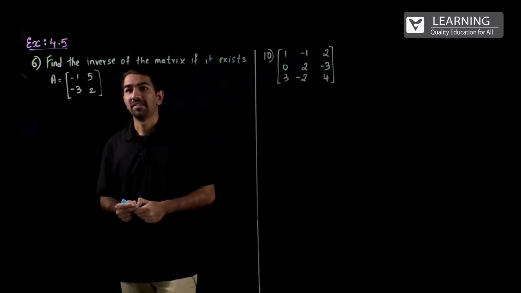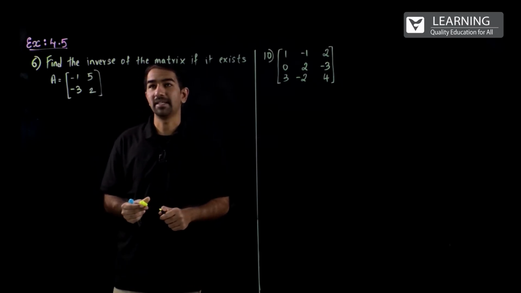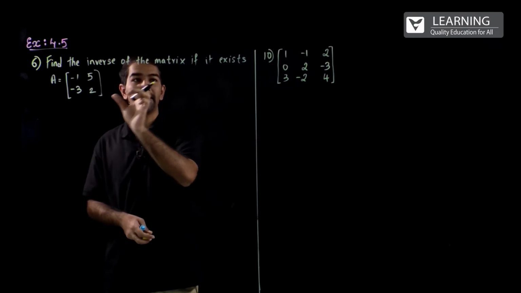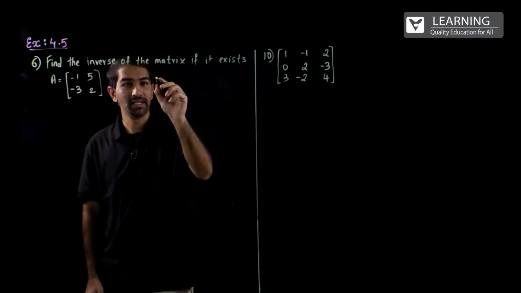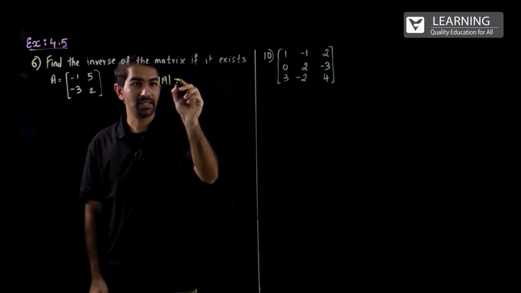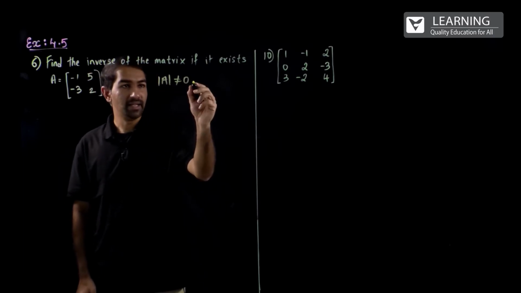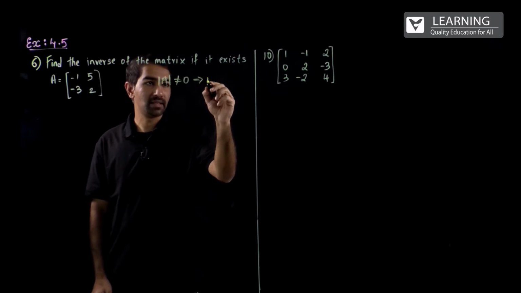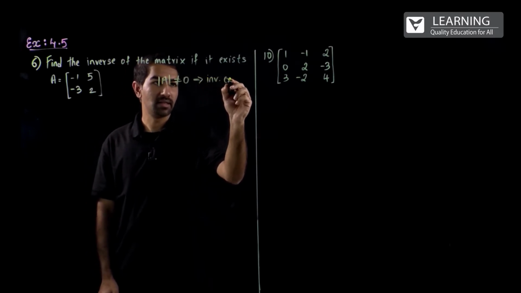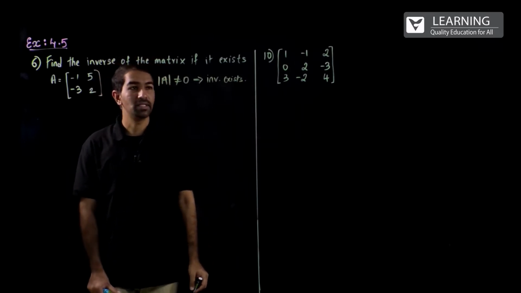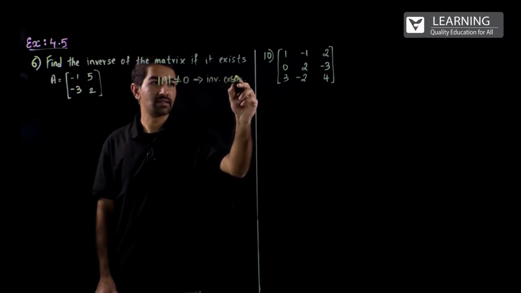Moving on to the next question. Find the inverse of the matrix if it exists. Now students, how do we know whether this matrix has an inverse or not? We have one condition: if determinant of A is not equal to 0, then we can tell that the inverse exists.